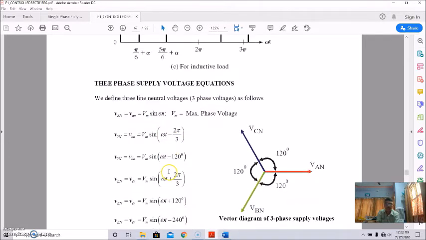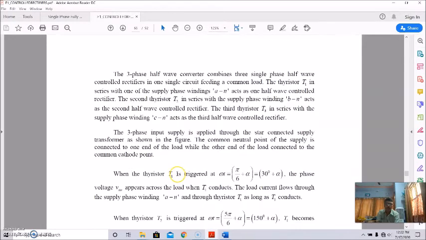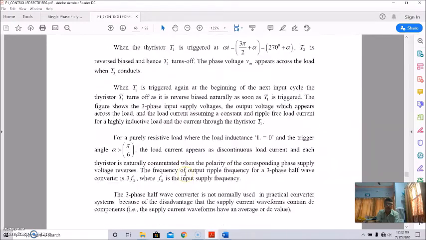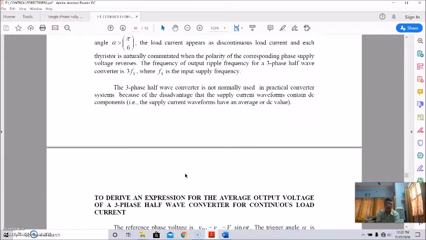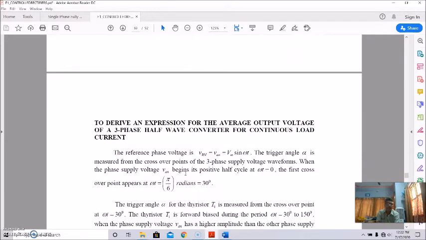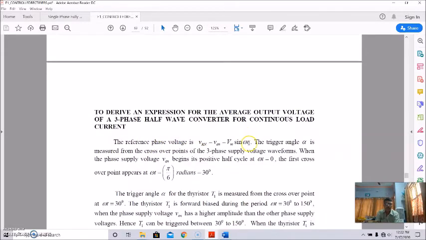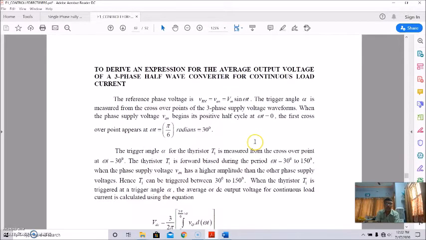So if we wish to calculate the output voltage for a three-phase half-wave converter for continuous loads, we have to take this crossover point.